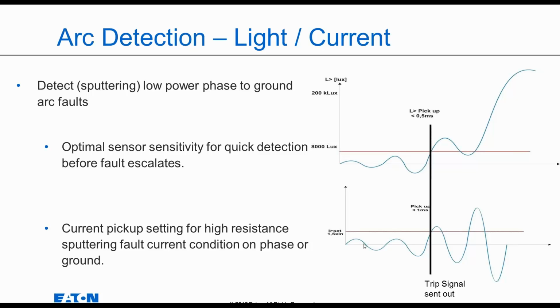So it's looking at the phase current, and this is normal phase current. All of a sudden the phase current accelerates, and as soon as the light has reached that point and the setting for your current trigger have both been reached, that's when the trip signal is sent out from the relay. And from there that can trip a circuit breaker or a quenching device.